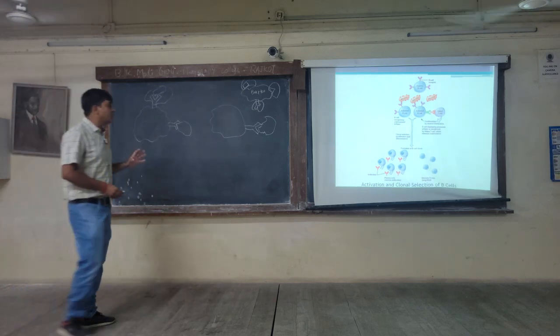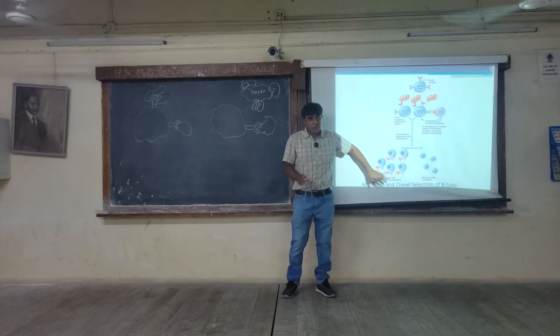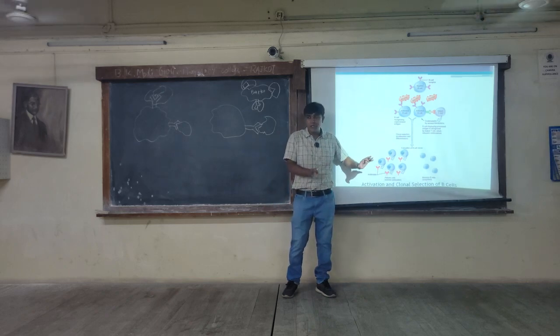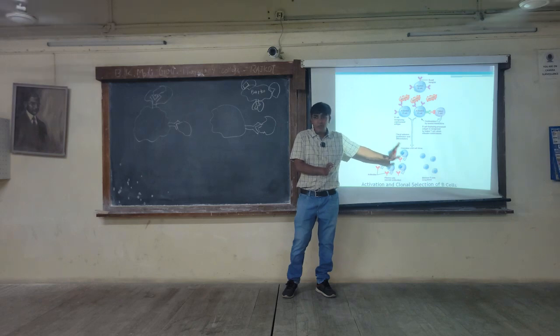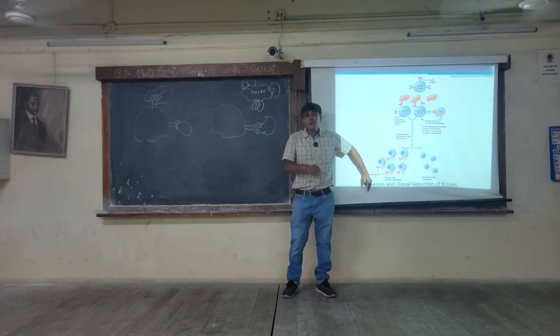If we can isolate a single B cell, a single clone of B cell, once it has gone through clonal selection, as I said, half are memory cells. They will not produce antibodies, they will only act as memory cells. Half will produce the antibodies.